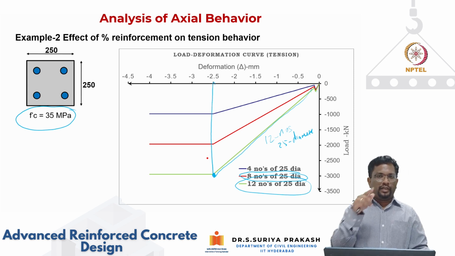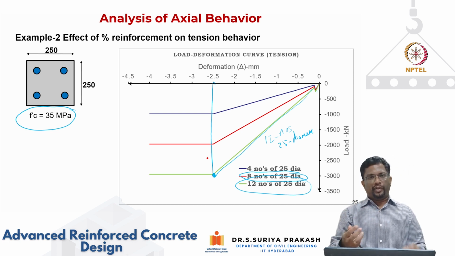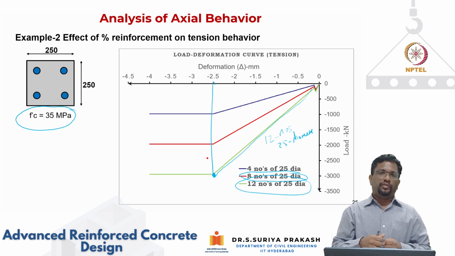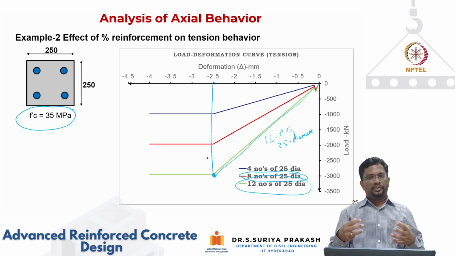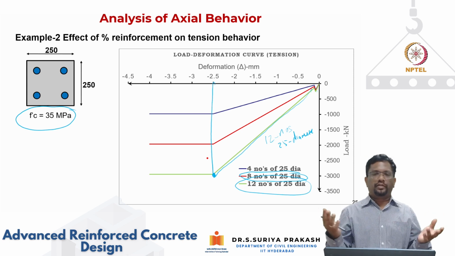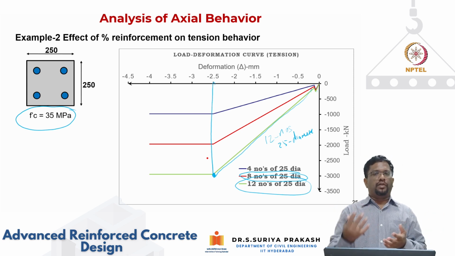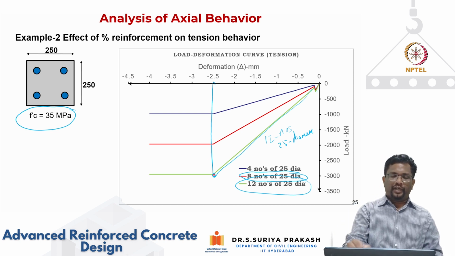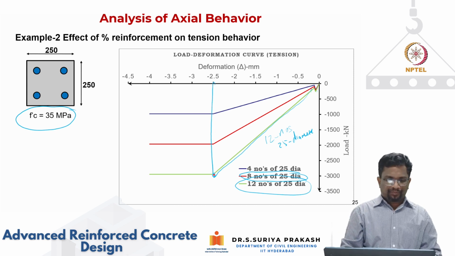It's basically Ast multiplied by Fy is your tension capacity of concrete prism in tension. Because when steel is reaching yielding, concrete would have cracked completely and it will not offer any load resistance. It's all the work is done by only steel. So that is why you get very high amount of load capacity with increasing amount of steel.